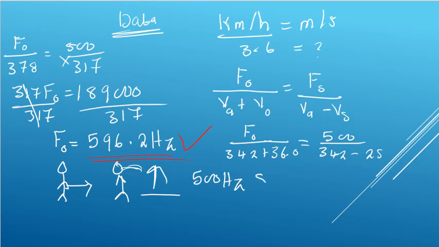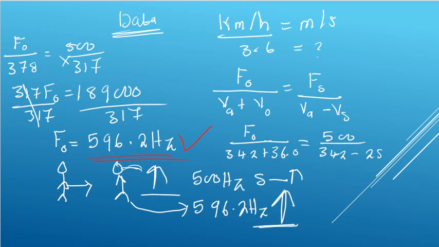That's what the source was producing. But person 2 had a frequency of 596.2 Hz, which was quite high. So whenever you have an approach that is positive, this is going to happen.